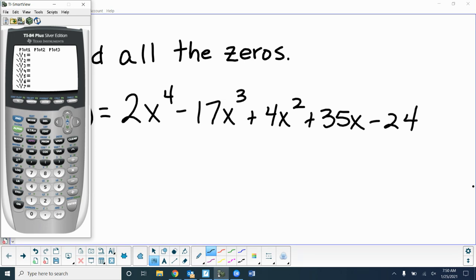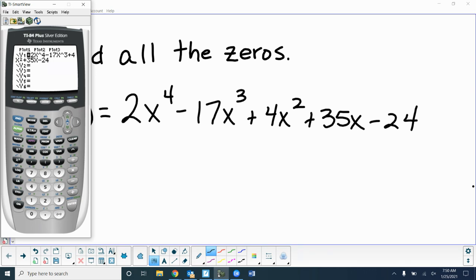Okay, so we do our 2x to the fourth minus 17x to the third plus 4x squared plus 35x minus 24. Now remember, when we look at this, the zeros are where when we look at this?